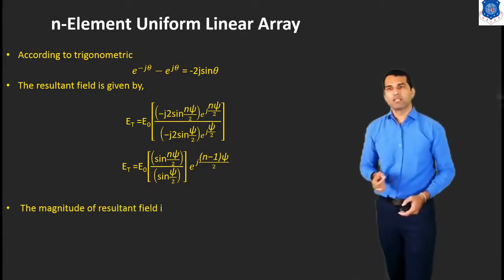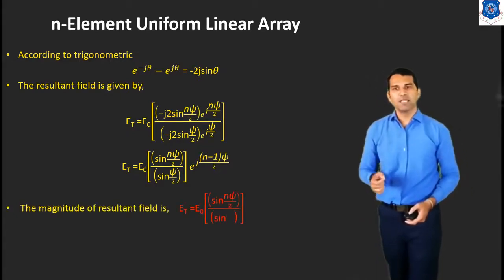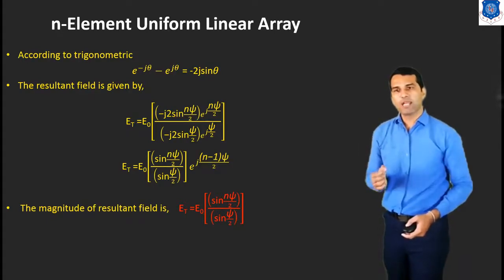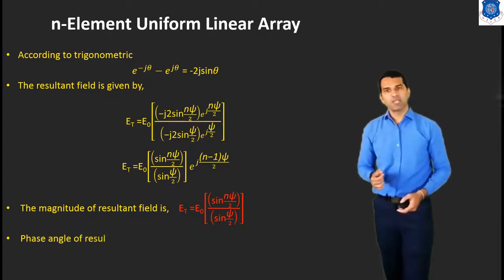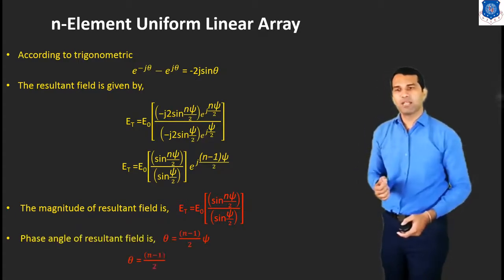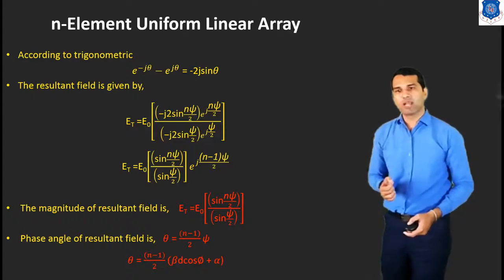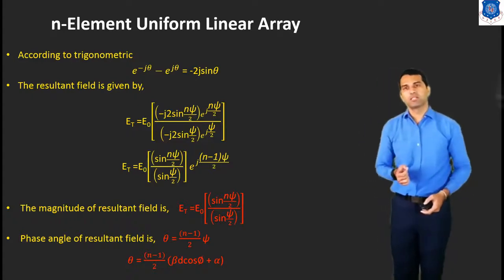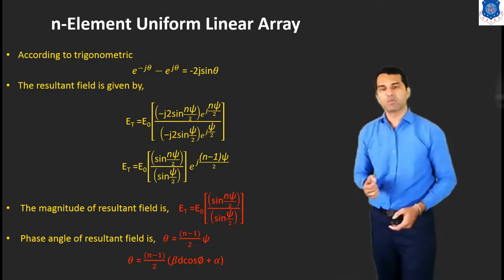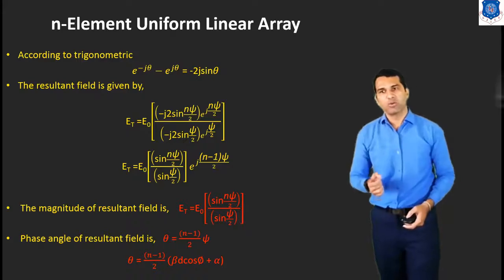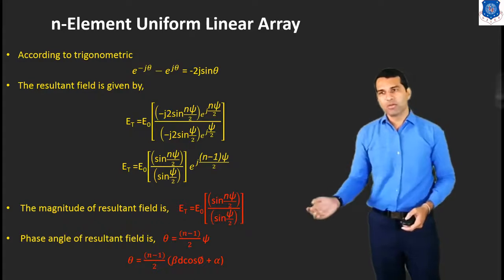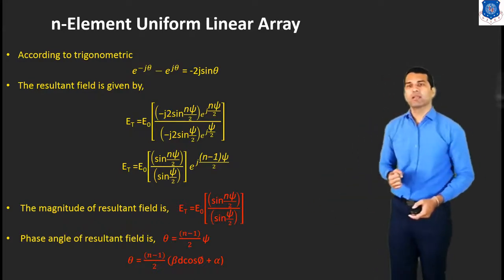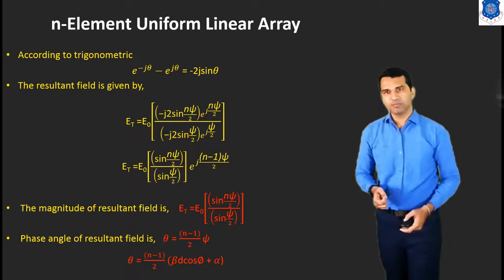The magnitude of the resultant field we can write as Et is equal to E0 sin(n psi by 2) upon sin(psi by 2). Similarly, the phase of this resultant field is theta is equal to (n minus 1) by 2 times psi. And we know that psi, the phase angle, is nothing but beta d cos phi plus alpha. So we can write theta is equal to (n minus 1) by 2 times (beta d cos phi plus alpha). So this is the magnitude and phase for the n element uniform linear array.